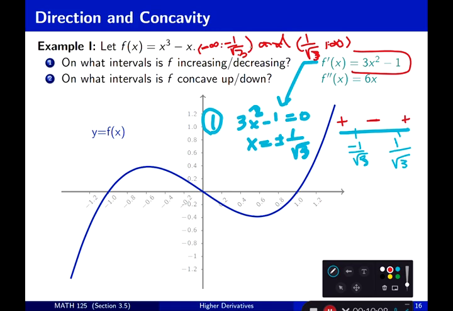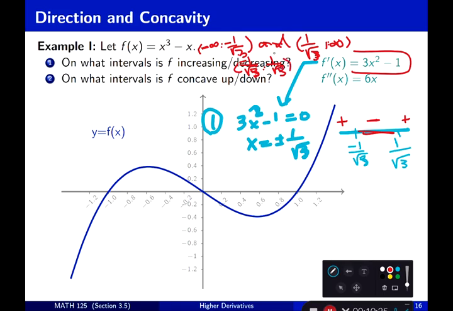And it's decreasing on the interval between negative 1 over square root of 3 and 1 over square root of 3. So that was the increasing, decreasing.